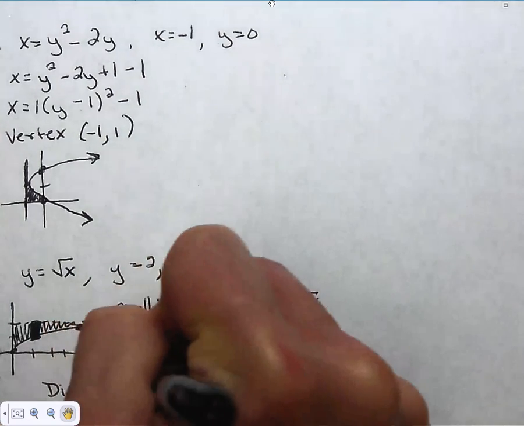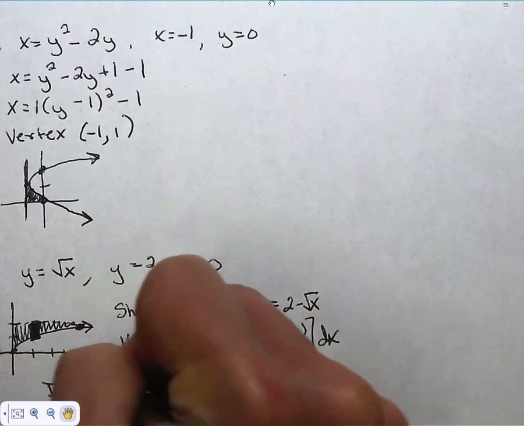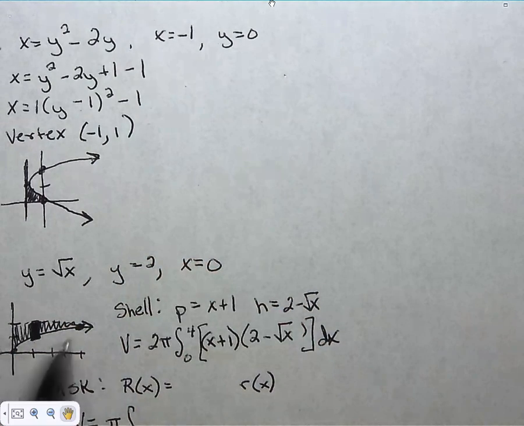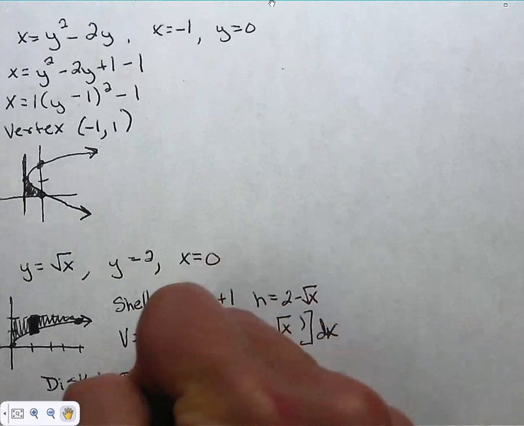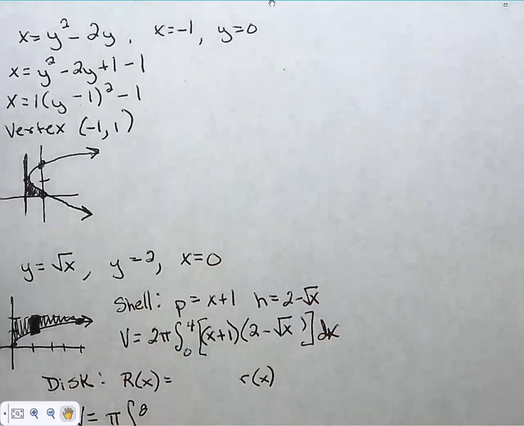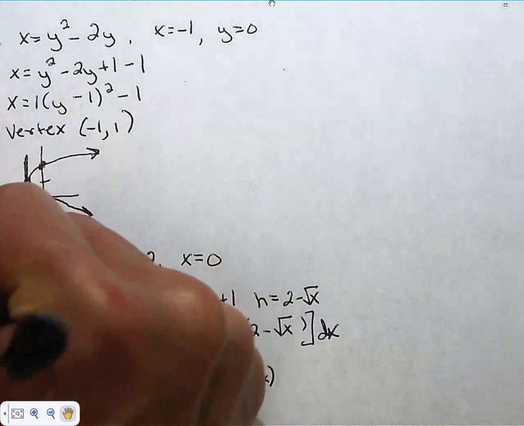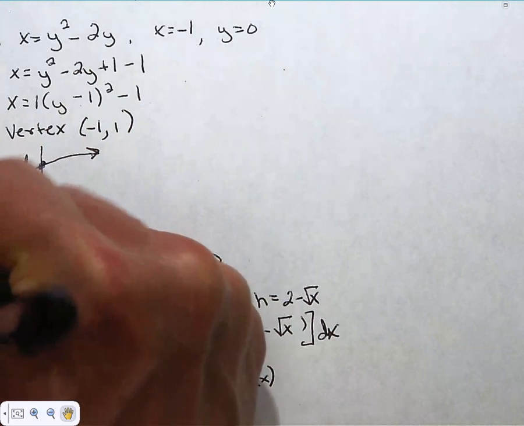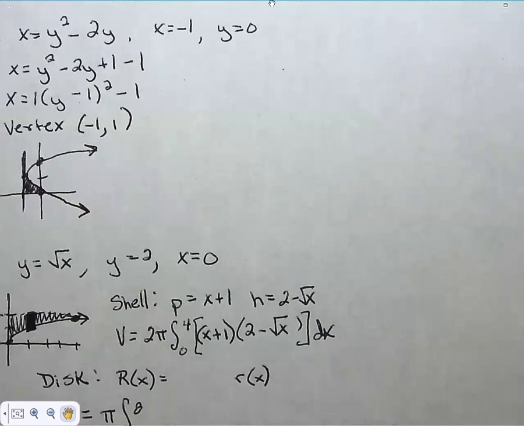Then volume would just be pi times, if we had horizontal rectangles, the width would be dy, integrating y values from 0 to 2. What would be the outer radius of that thing swung around the line x equals -1? What's forming the outer radius?